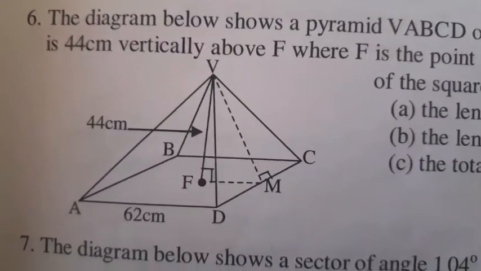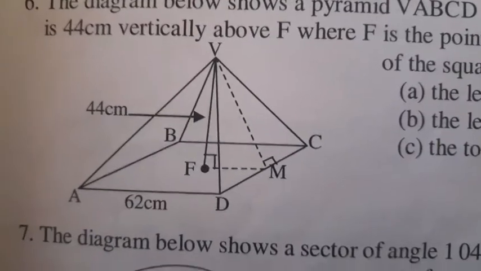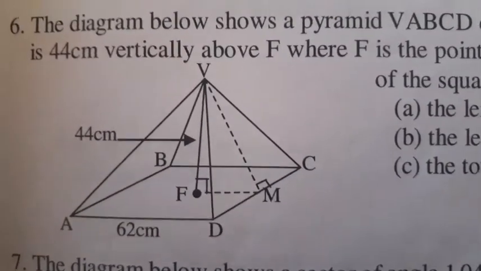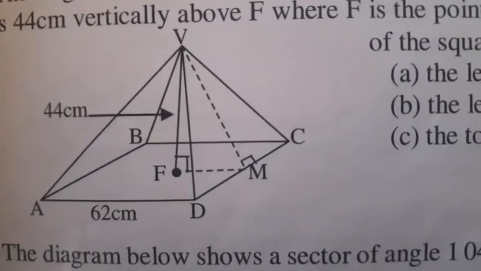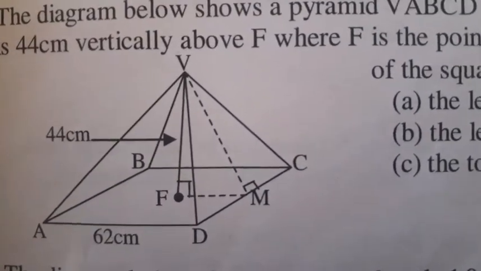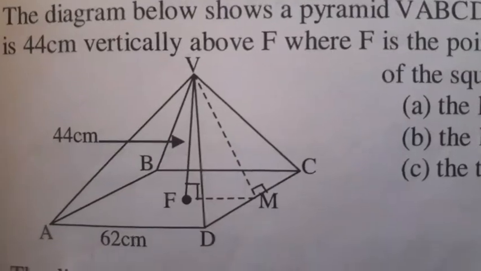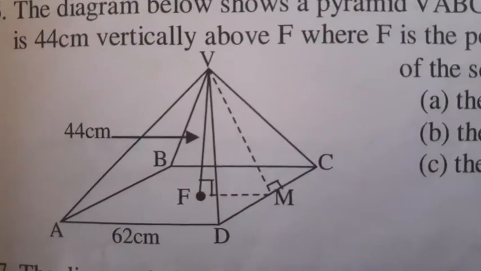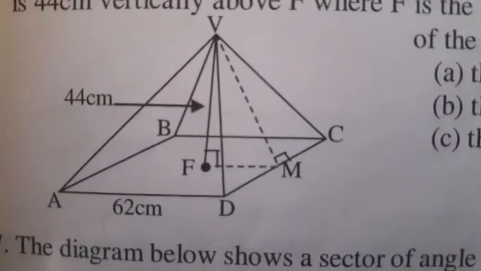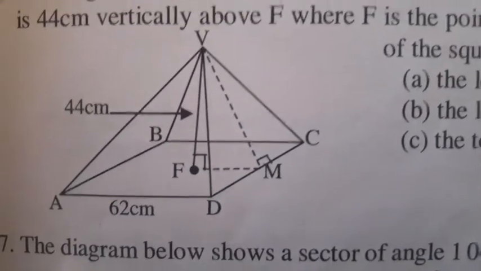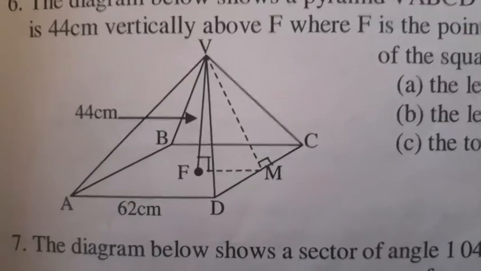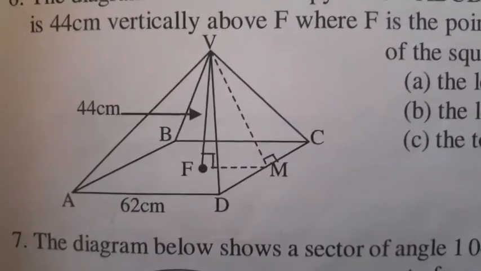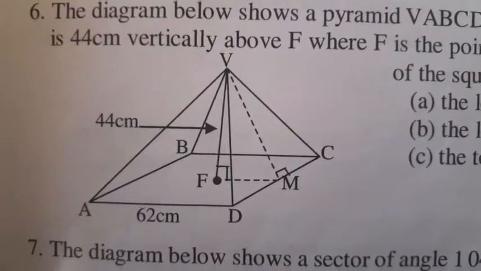On this diagram, just take it as it is and draw it as it is. As you can see, the base is square, and the perpendicular height is already given. Please find the volume of this pyramid. Draw it as it is, then find the volume of this pyramid.